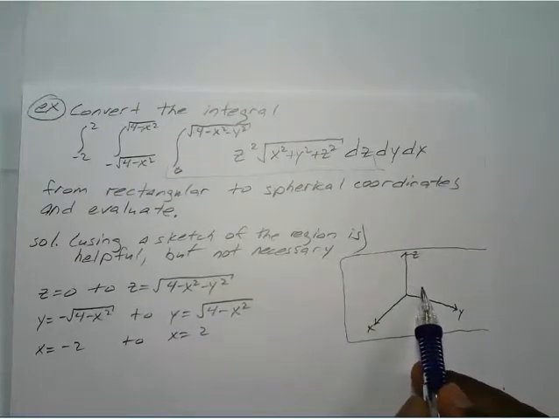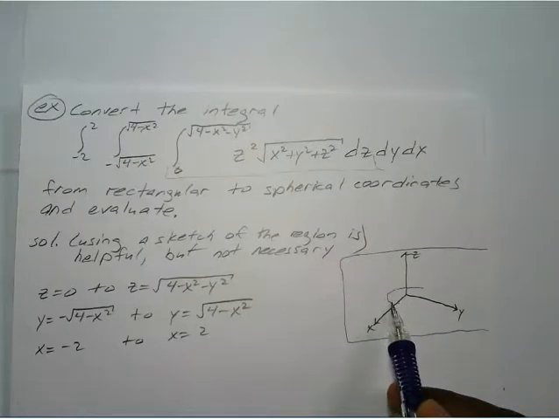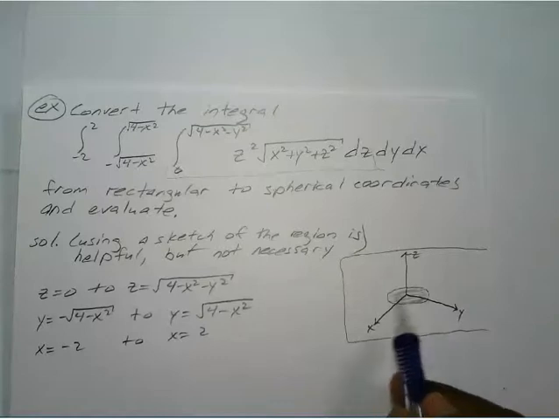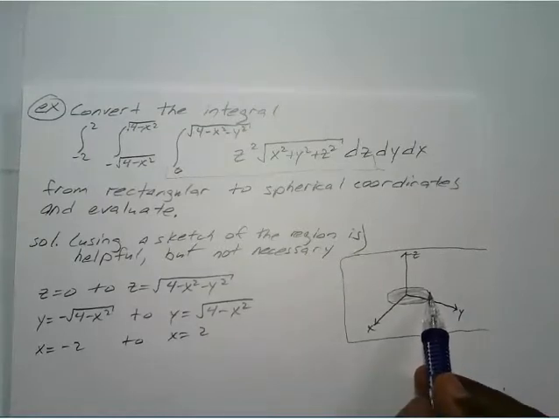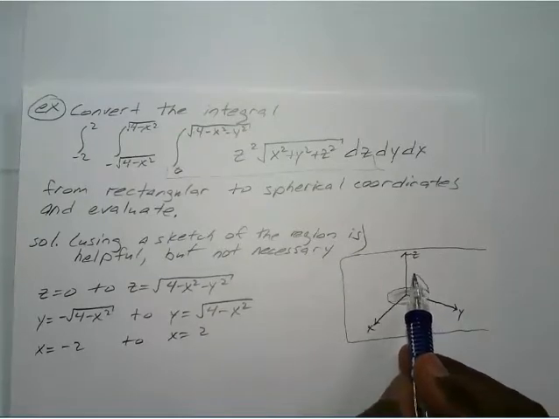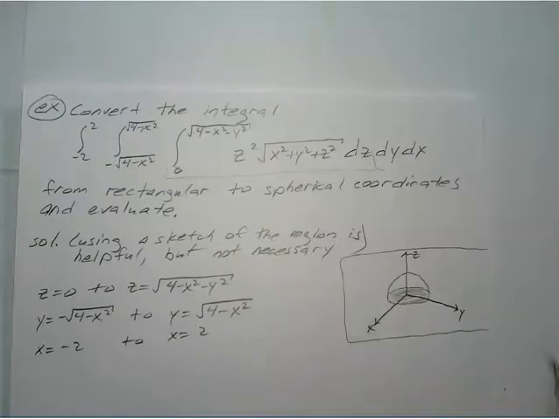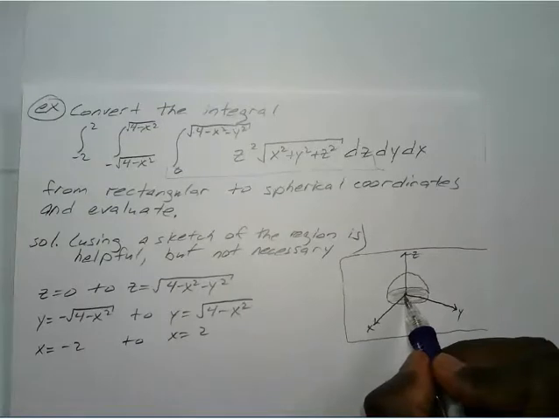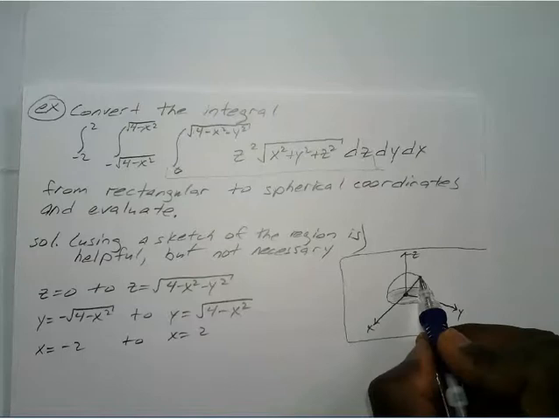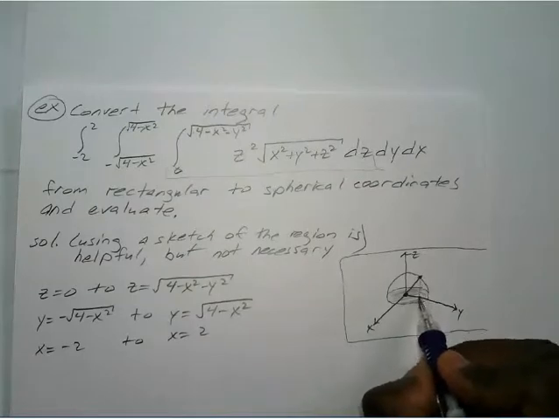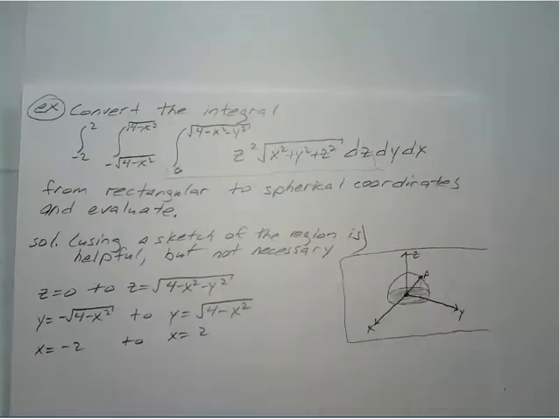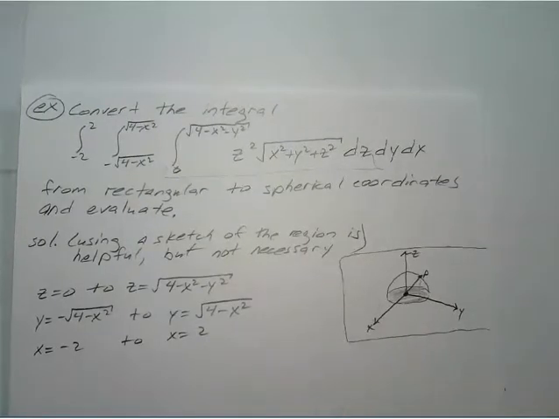So let's see if I can somehow draw that. Okay, so it kind of looks like that. Okay, where you have your center, and you can really go in any direction for your point P. You can go that direction, that direction, that direction, front, back, side to side, doesn't matter.